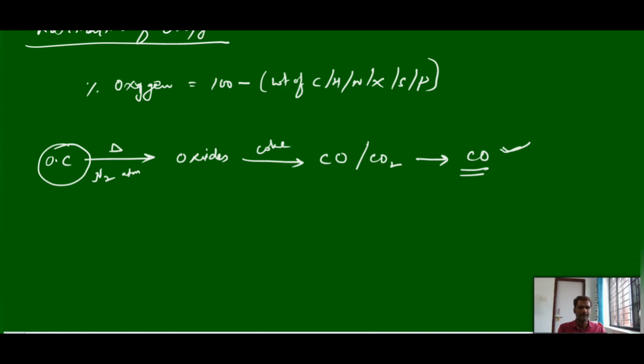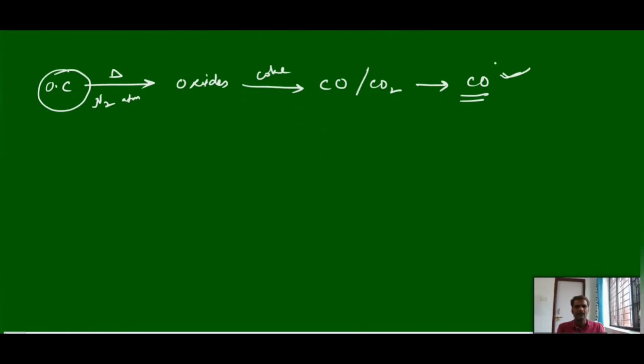And this carbon monoxide can be estimated. Why? Because whatever amount of carbon monoxide you get, it tells how much oxygen is there. So, carbon monoxide can be estimated by using iodine pentoxide. If you treat this carbon monoxide with iodine pentoxide, it will produce carbon dioxide and liberate iodine.